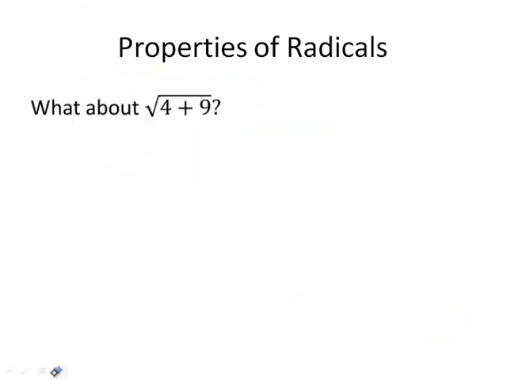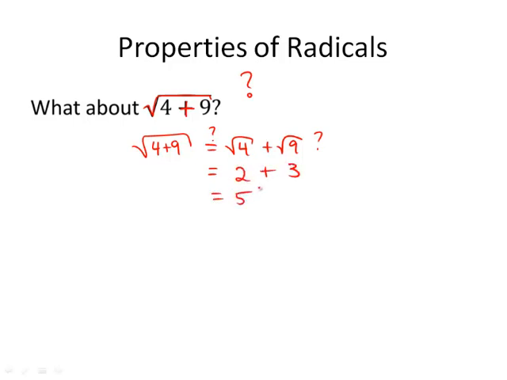But what about addition or subtraction? Well, let's try it. What if we could? What if root of 4 plus 9 could be a root of 4 plus root of 9? Well, that would mean that it would equal 2 plus 3, which is 5. However, root of 4 plus 9 could also be seen as root of 13.